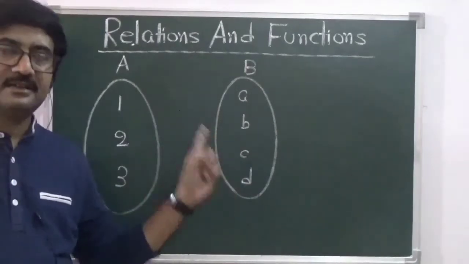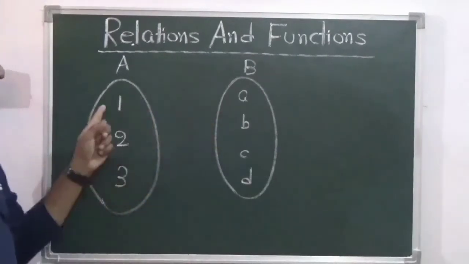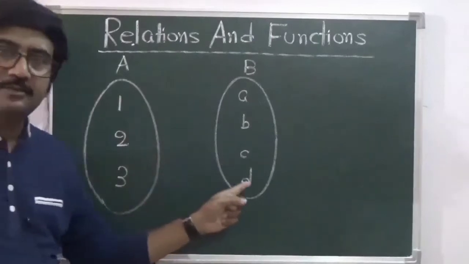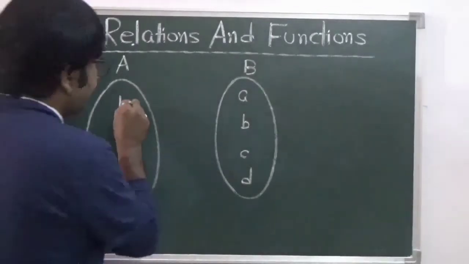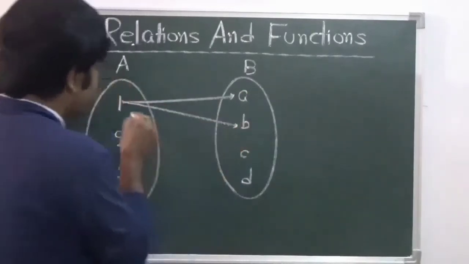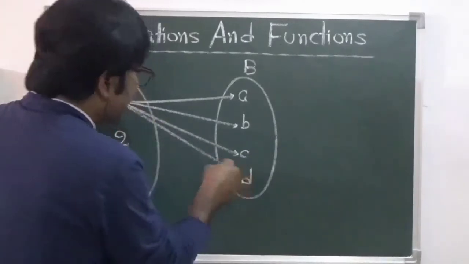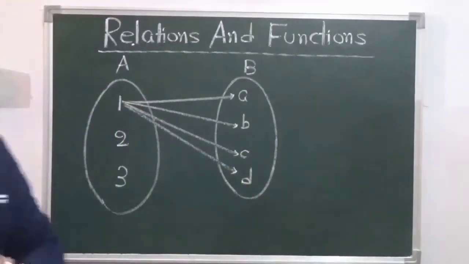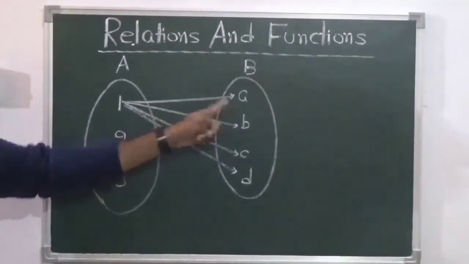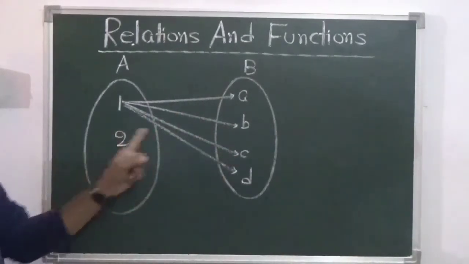Now if we talk of 1, it could be connected to a, it could be connected to b, it could be connected to c and it could be connected to d. So let us do it. 1 is connected to a, b, c and d. Similarly, beginning with element 2, it can be mapped with a, b, c and d.